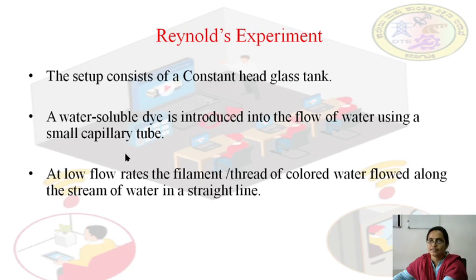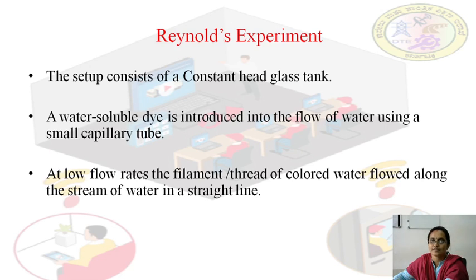So inside the glass tube, at low flow rates, we will see a colored filament. If the dye is red, we will see a thin red filament passing through the flat entrance into the glass tube. It will be clearly visible that the thread of filament is flowing.